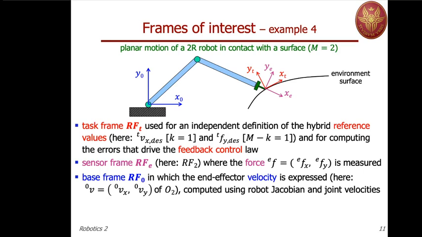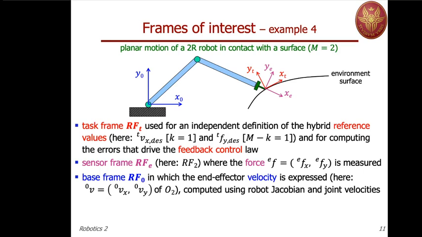So even if everything is ideal and we are experiencing only a force along the yt direction, the sensor will produce measurements both in the ye and xe direction, in fact the directions of its own reference frame. Similarly, when we are computing velocities, in particular velocity at the contact point, so along the xt and yt direction, we are doing this by using the encoders and the differential kinematics, so the Jacobians and the joint velocities, of course.